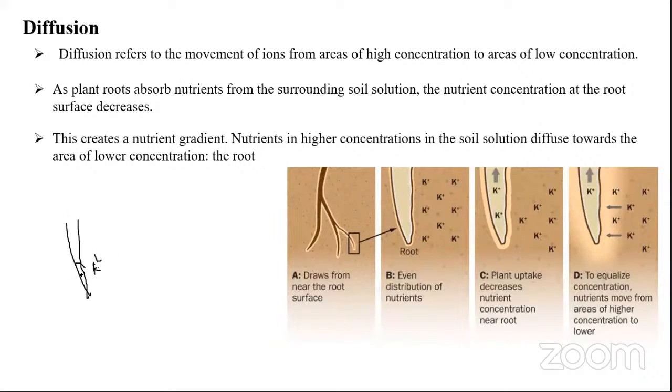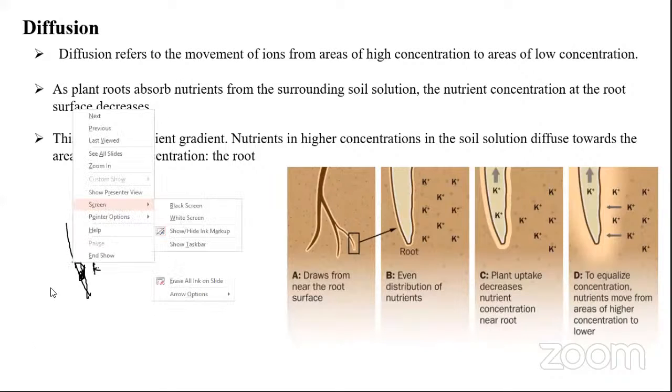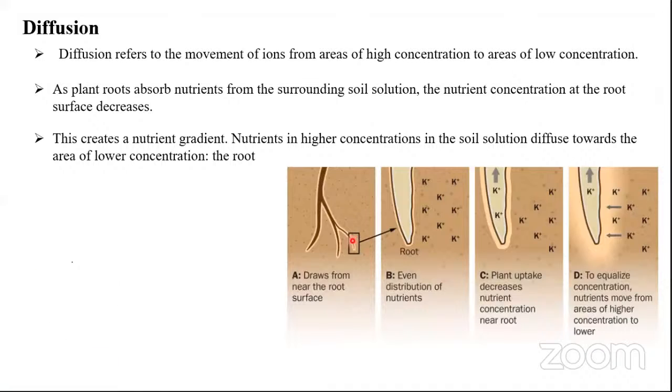But here the concentration will be reduced, because it automatically moves to other body parts. There will be a gradient, a difference. So whatever nutrients are there will be taken up by the crop. The concentration is very high here in the soil solution, and the concentration of nutrients is very low in the root.